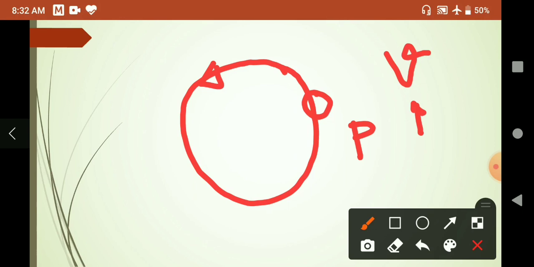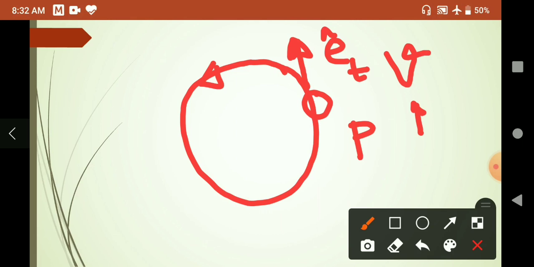So that tangential direction, let us assume that it is given by a unit vector which is known as the e_t vector. So this e_t unit vector is a unit vector which indicates the tangential direction of the particle.